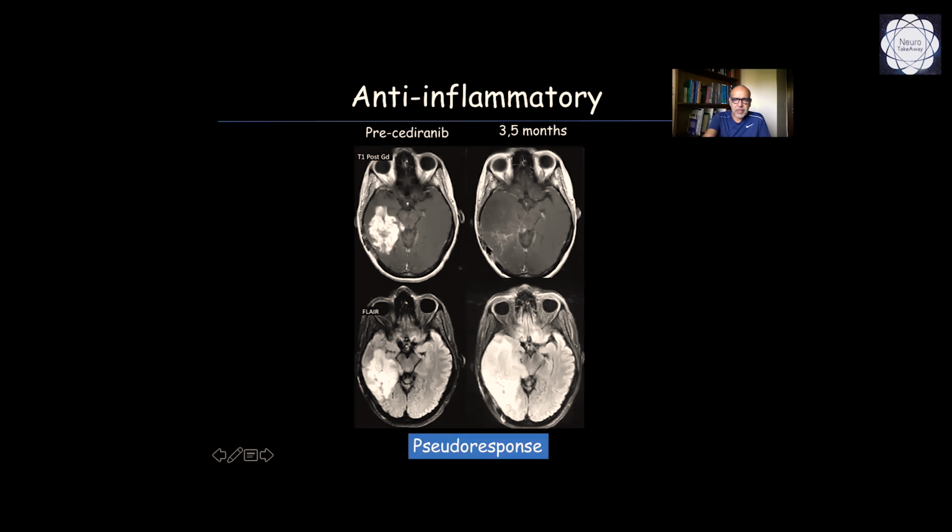After the treatment, you see that there is a very rapid improvement of the enhancement, but the mass effect is increased and the extension of the FLAIR involvement is much larger, and this is the typical pattern of the pseudo-response to these anti-angiogenic drugs.